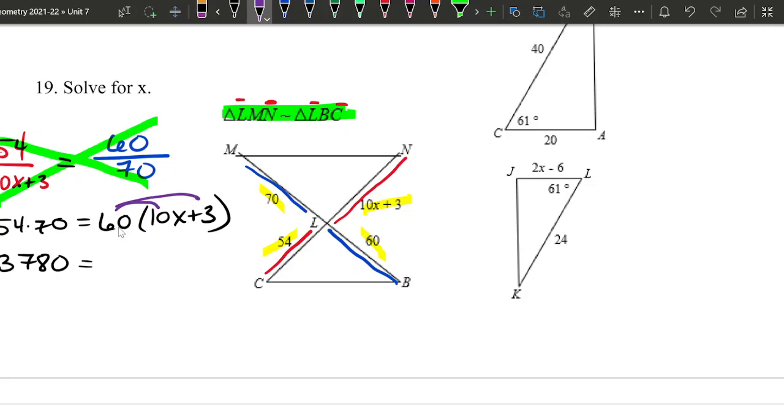So 60 times 10, I completely missed that 10 whenever I was doing this on my paper, is 600x plus 180. Okay. So I want x by itself, so I'm going to subtract 180.